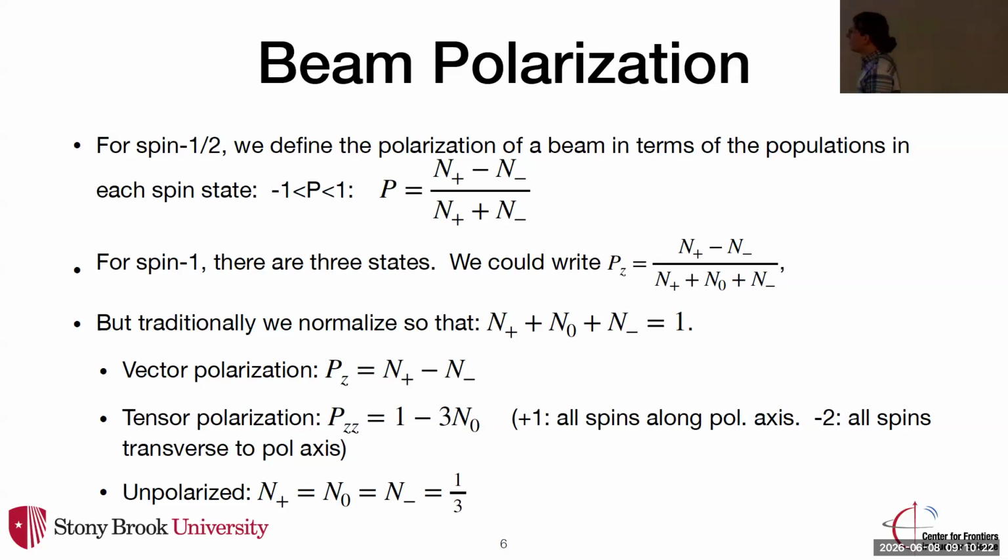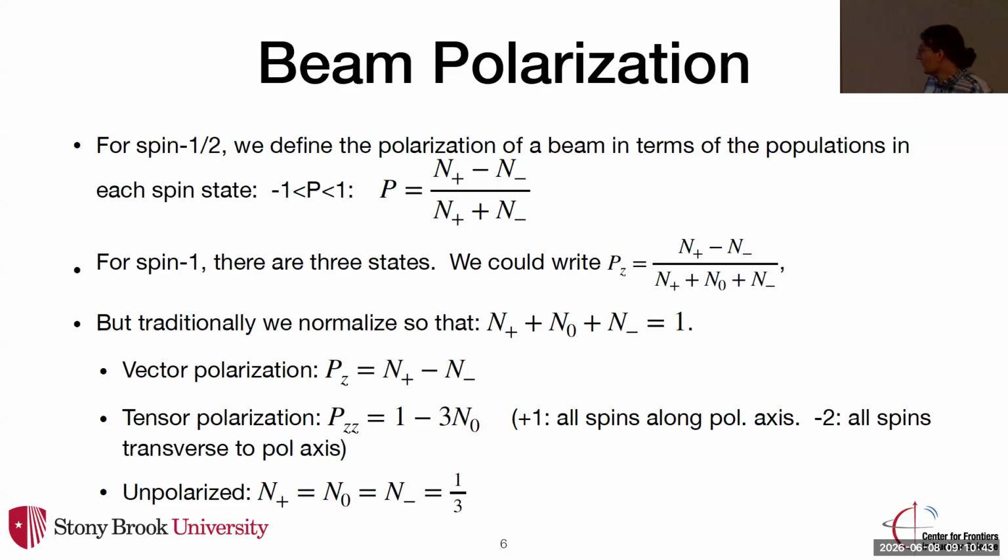For spin 1, we have some options that we don't have for spin 1/2. For spin 1/2, P is all there is, and it's either positive or negative. That's it. If it's 0, there's just the same number of both species. But in spin 1, the vector polarization, the difference in positive minus negative, can be positive or negative or 0.